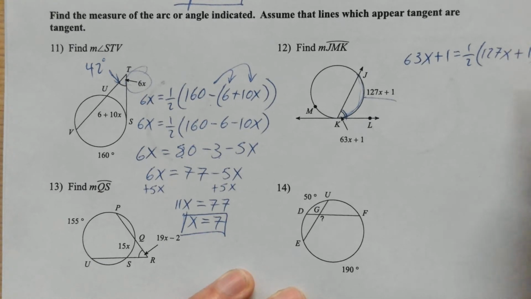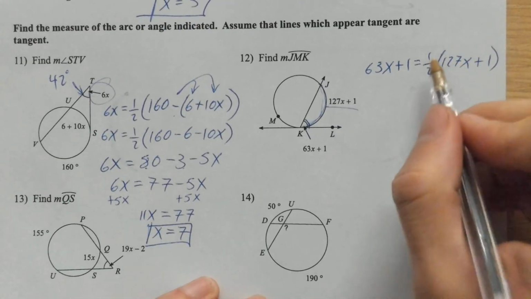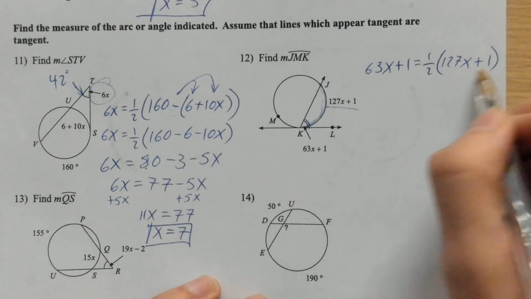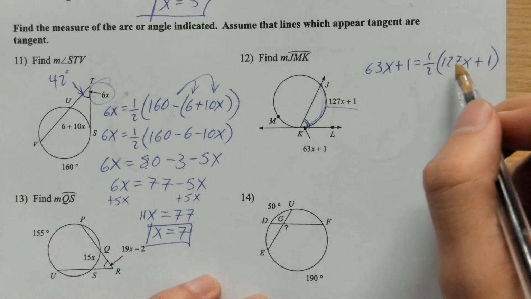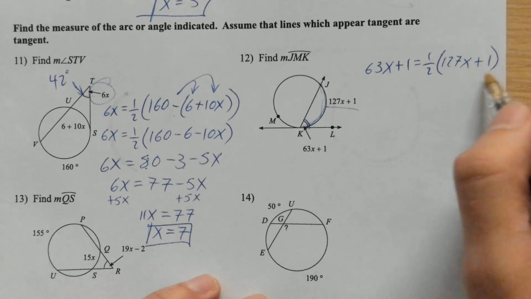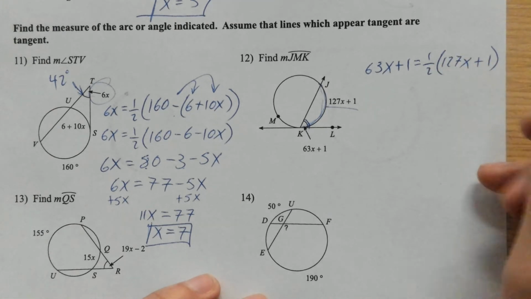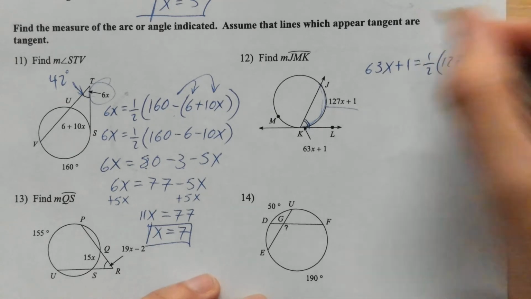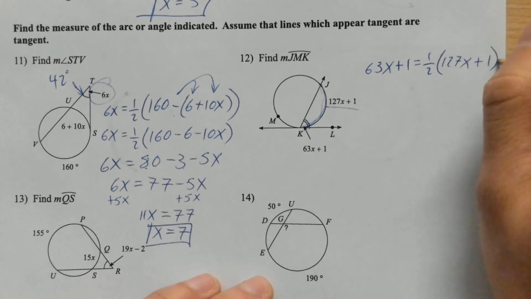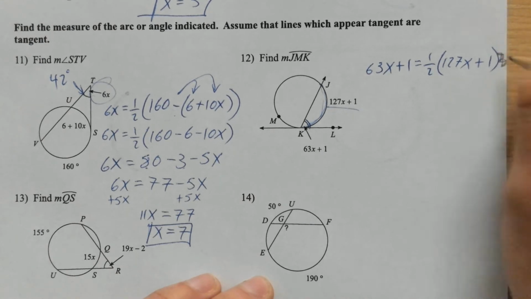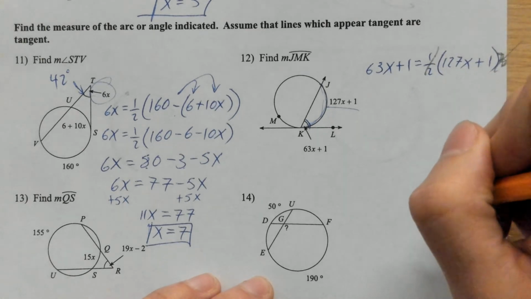Now in this problem, I'm actually not going to distribute the 1/2, because if I distribute it, I'm gonna get like 0.5 here, point something something 5, and then again 1/2 times 1, it'll just give me 0.5. So what I'm going to do is multiply both sides by, sorry, by 2. So the 1/2 and the 2 will cancel out.